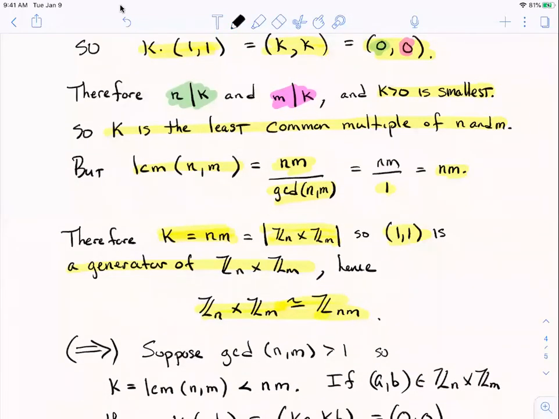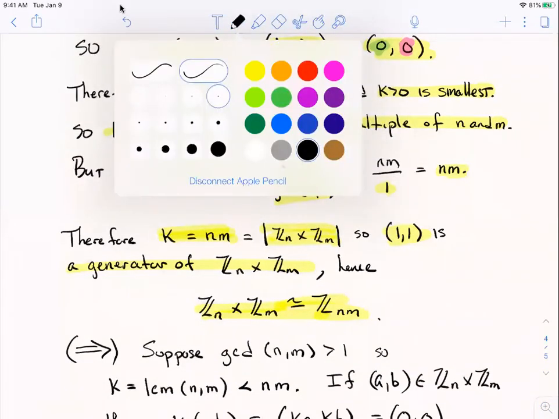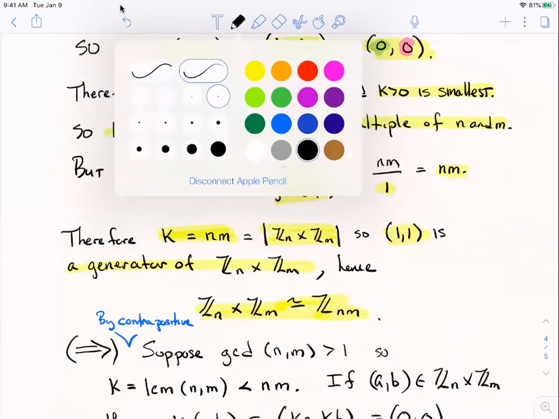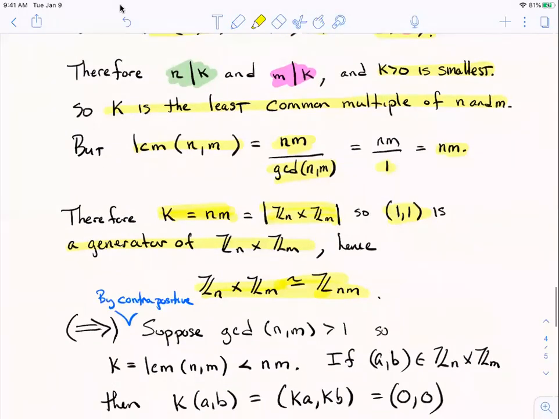Cool. Second half of the proof, I'll write it in here. Maybe it'll make the notes easier to read later. It's going to be by contrapositive, because I'm going to flip it around and say, well, suppose that the greatest common divisor is bigger than 1. Greatest common divisors are never negative, and never 0 as well.